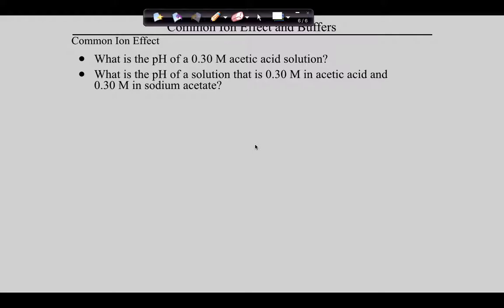So the question now reads this way. What is the pH of a solution that is still 0.3 molar in acetic acid, but we have now added enough sodium acetate to drive the sodium acetate concentration up to also 0.3 molar?